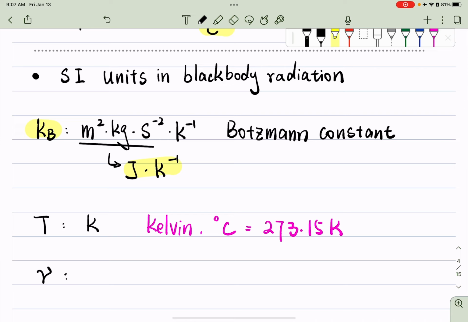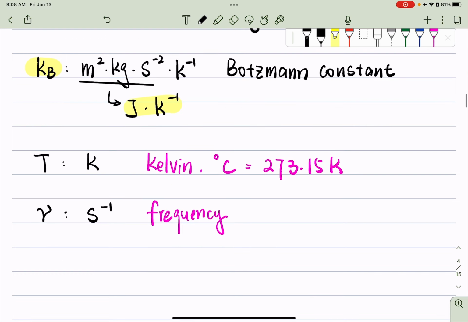This we discussed on Wednesday when we were talking about waves. That has a unit of s minus 1. So that's frequency. Remember, that's how many waves pass in a given time. All right, and then we have the speed of light. That's meter per second.